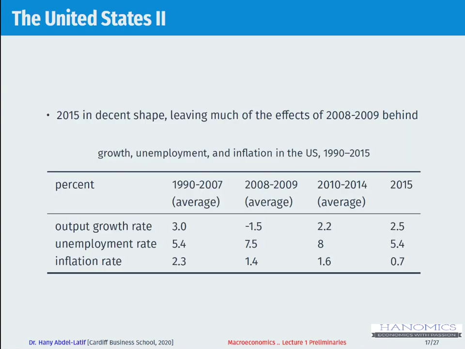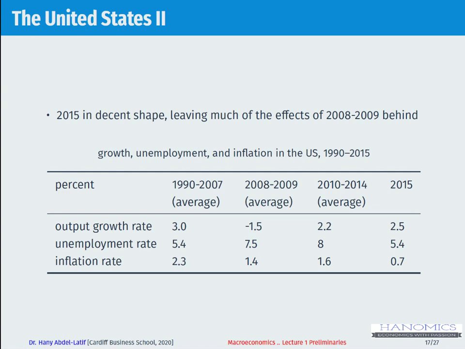If you look more closely at how the American economy performed before, during, and after the crisis, as we said, there are three main indicators we look at here: the GDP growth rate, the inflation rate, and the unemployment rate.